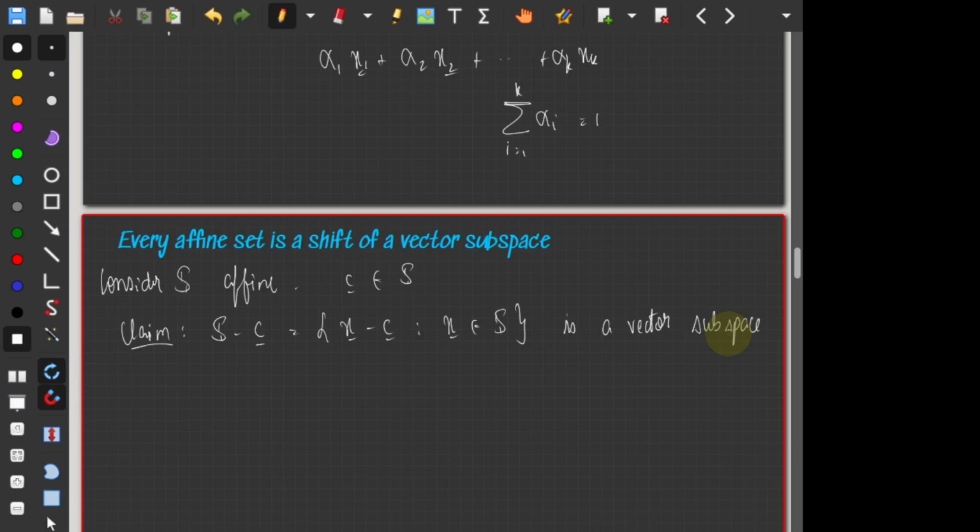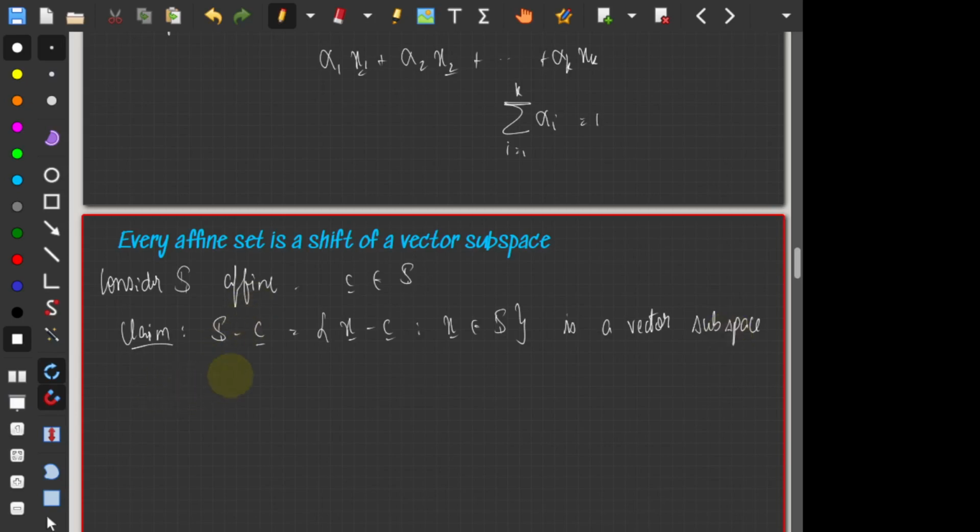How would you verify this? The zero vector is certainly part of the set, right? Again, what's a simple test to check whether a given set is a subspace? It has to be closed under linear combinations.